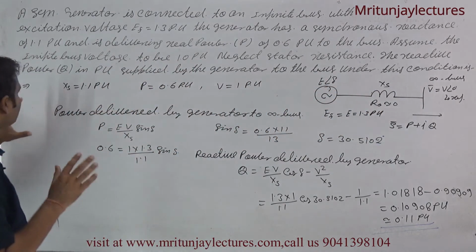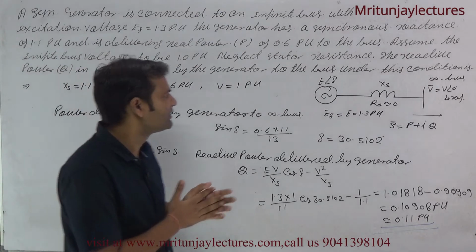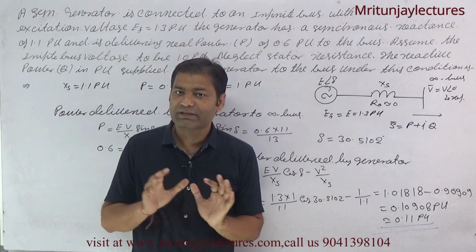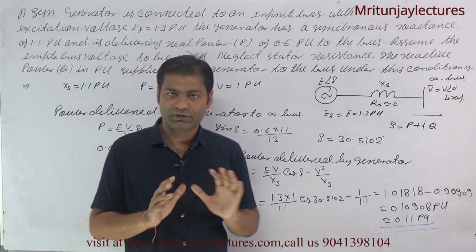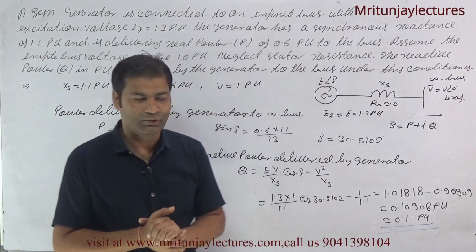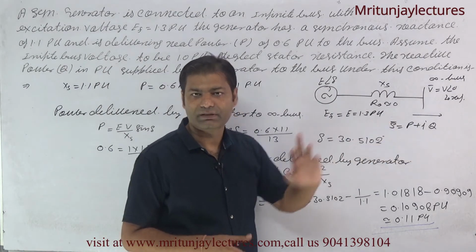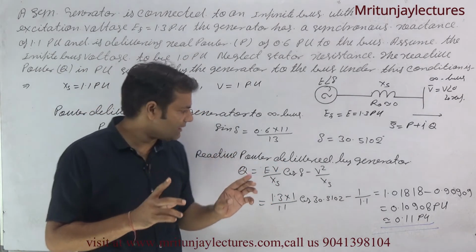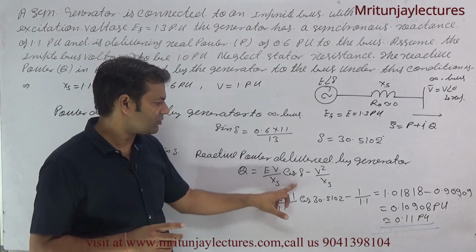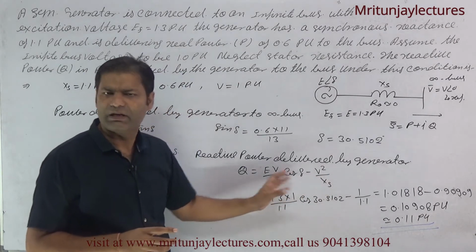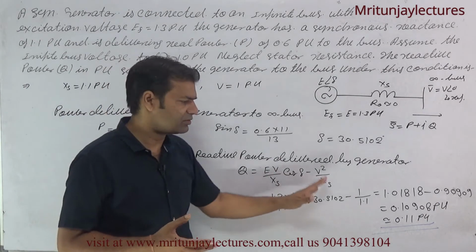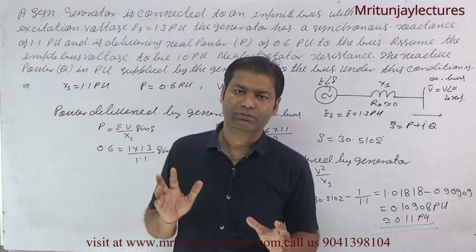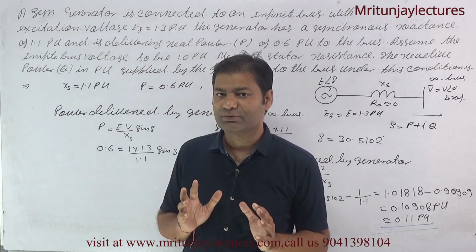The reactive power in pu supplied by the generator to the bus under this condition. Our motto is to determine the reactive power delivered by the generator, Q. How to determine? I know that Q is equal to EV divided by X cos delta minus V square by X. I have already derived this formula from the power flow equation of the synchronous generator.